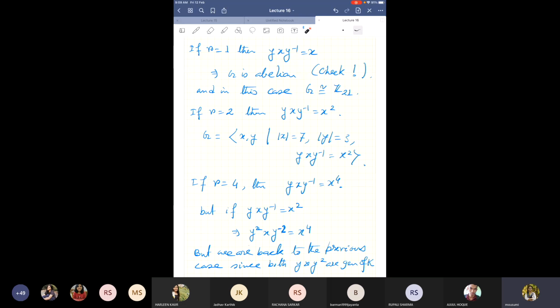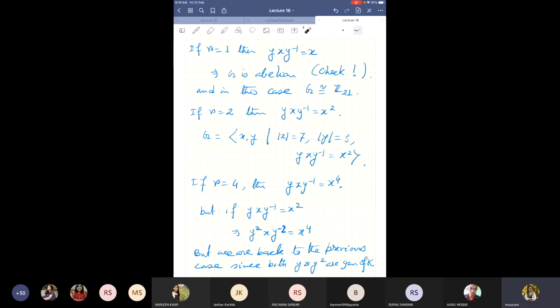Now if I choose r equal to 2, then what I will be getting is y x y inverse equal to x square. So this is the relation. My G is now generated by x and y such that one element is of order 7, another element is of order 3, and they satisfy this equation.